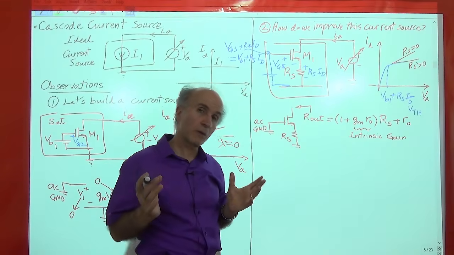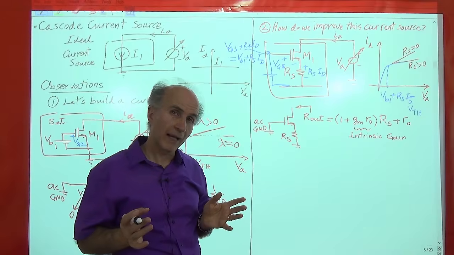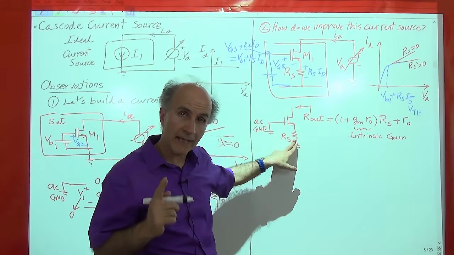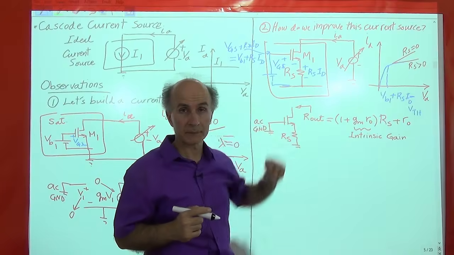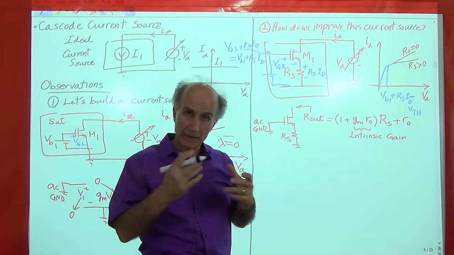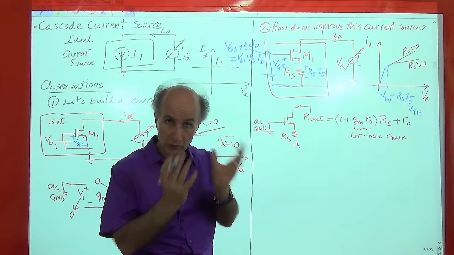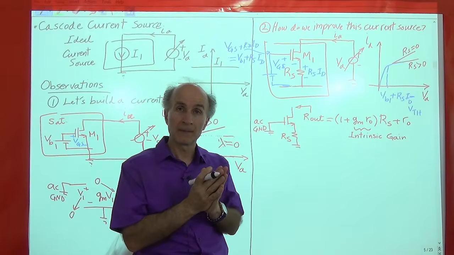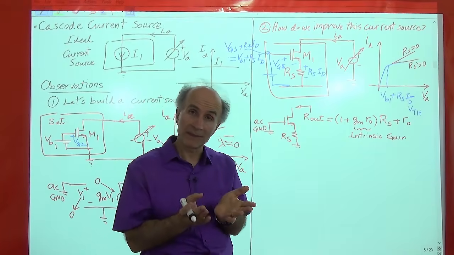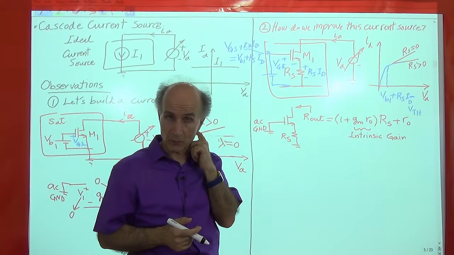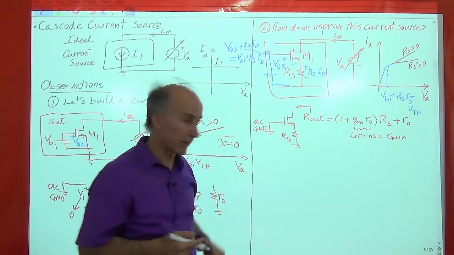So what we are looking for is a device that can degenerate but must not satisfy Ohm's law. Okay, so the current in the device and the voltage across the device should not be related by Ohm's law. And we know that a MOSFET operating in saturation is such a device. It doesn't satisfy Ohm's law. So let's go ahead and do that.